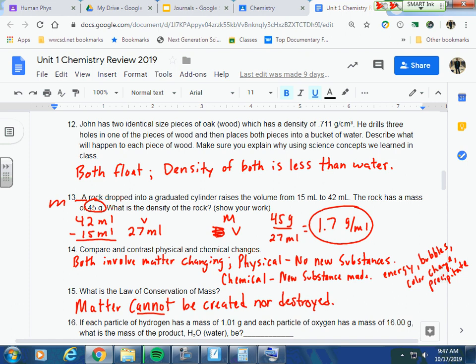And we can't do these models and have particles just disappear all of a sudden. They can leave a system, or they could enter a system, or maybe it's a closed system where they can't enter or exit. Okay, so we can see masses change during changes, but it's not because particles are disappearing, it's because particles are leaving the system. If we see that the mass has increased for some reason, it's because the particles must have entered the system.